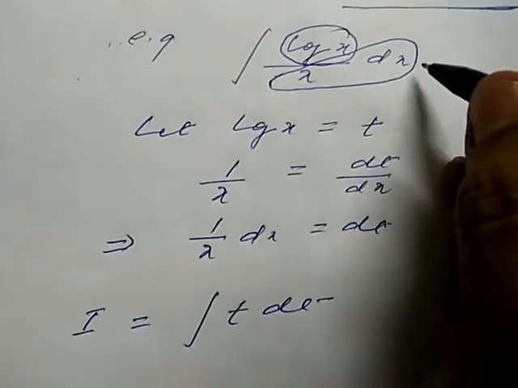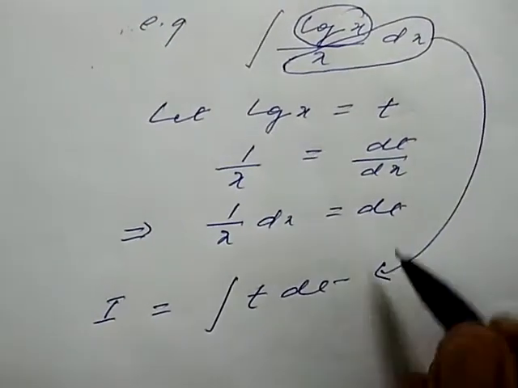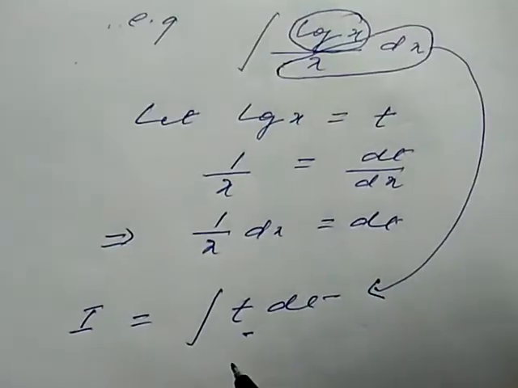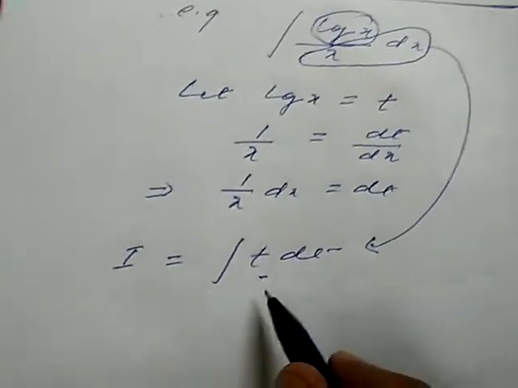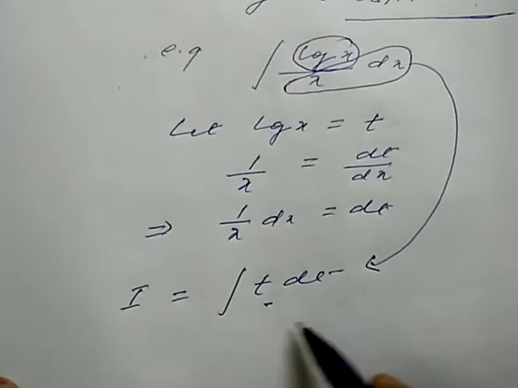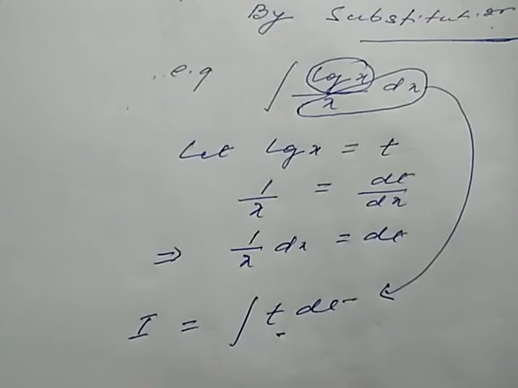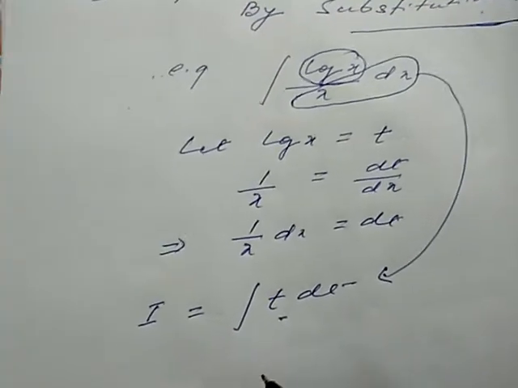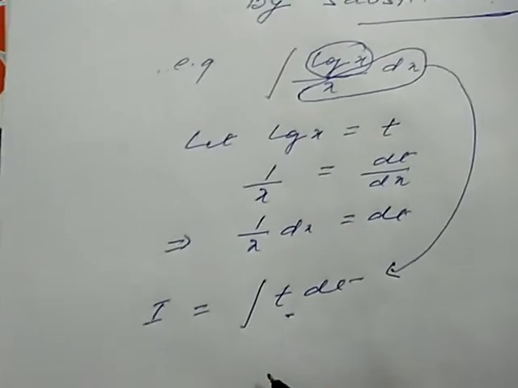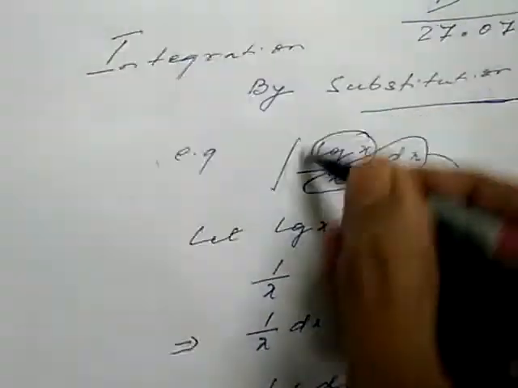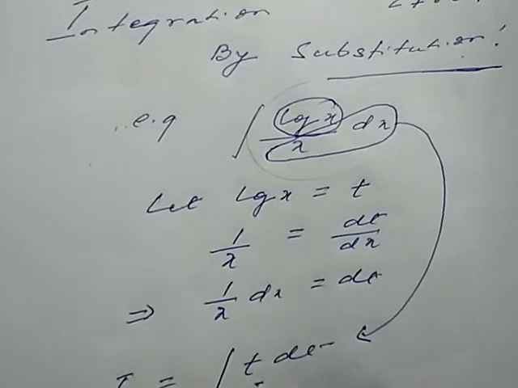That means we have converted the x variable function in terms of the t variable. And by doing so, what did we get? We got an expression that is in a standard, integrable form. Again, I am repeating the same language I shared earlier: every time you have to moderate the integrand in such a fashion that you can make it a standard form.